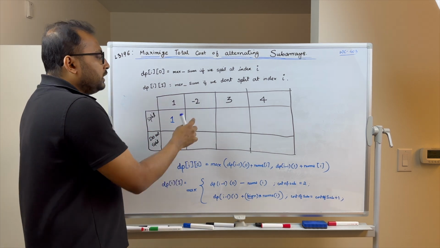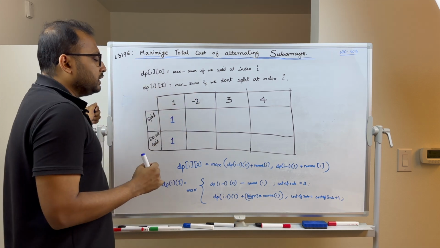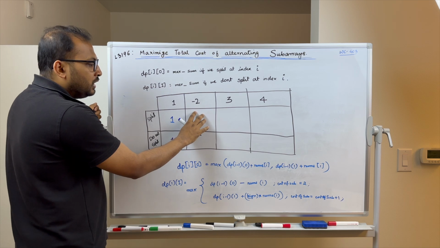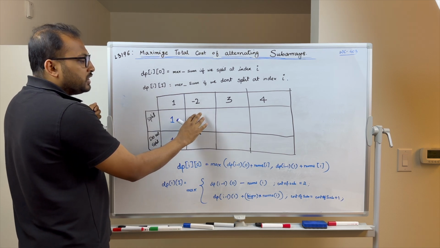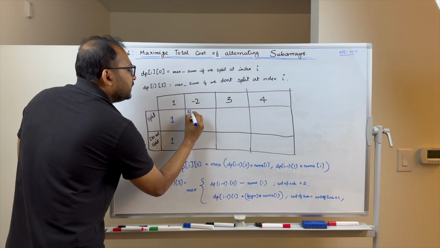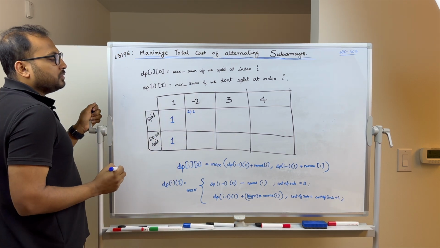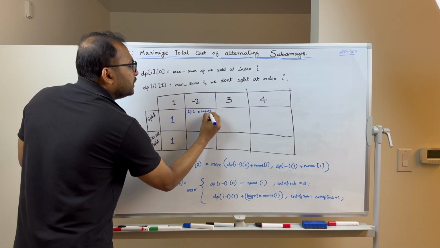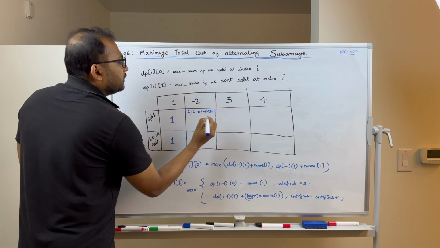Next, let's say another element comes, which is -2 in this case. What is the best sum we can get if we do a split here? We take this entire thing, we do a split, and the next element is -2. So we get 1 plus -2, which is -1.